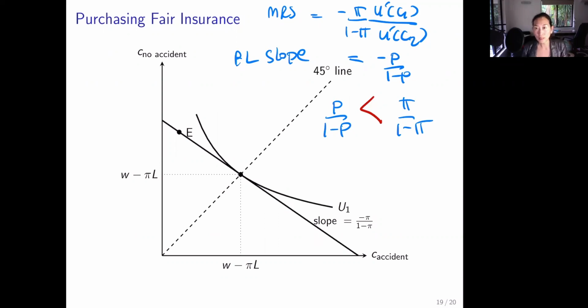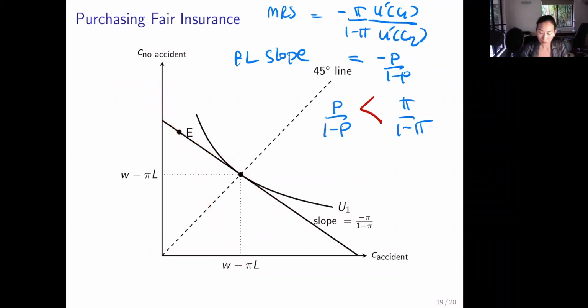So the budget line slope is actually greater than that value. So it's going to be something like this, not like that.